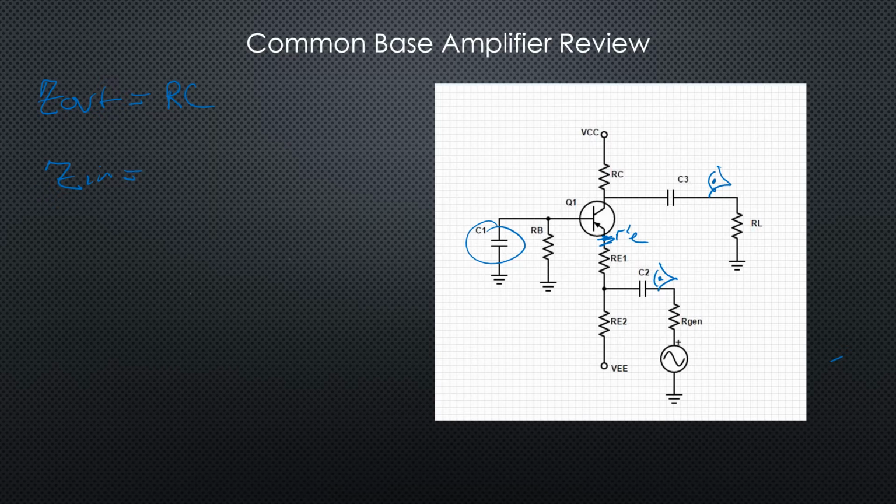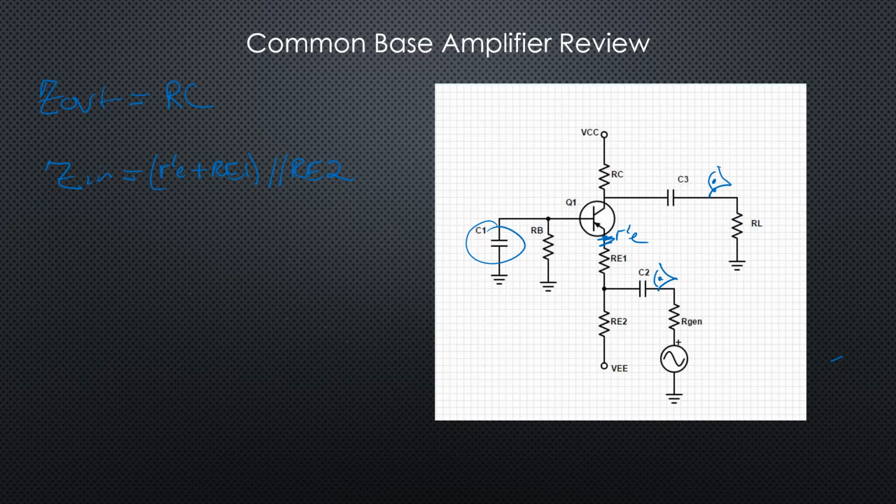So we can see that our Zin is going to be R prime E plus RE1, those two in parallel with RE2. And that gives me Zin and Z out.